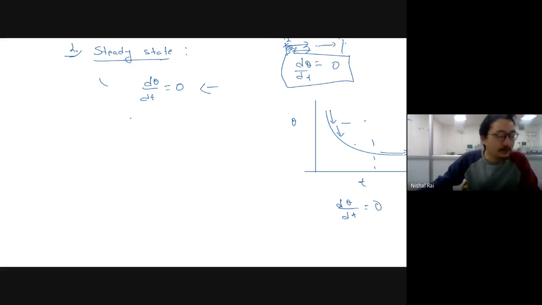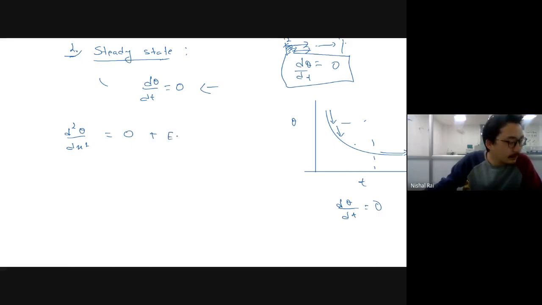Now if we put this into our differential equation, del square theta by del x square should be equal to 0 plus E P by K A into theta. Basically, you will end up with this. At the steady state, the loss of heat is only through radiation.